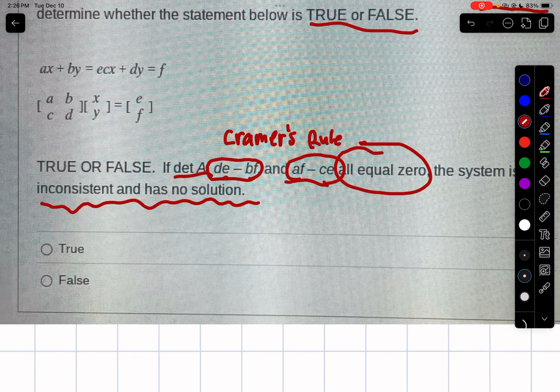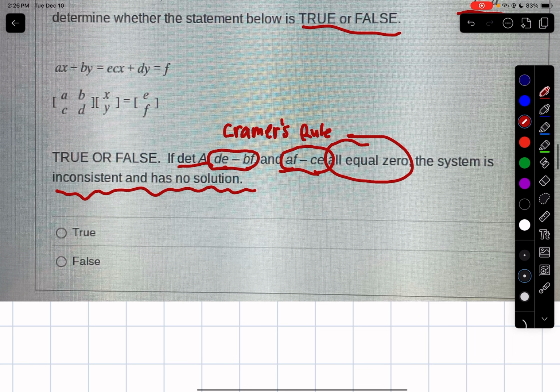So let's see. I know that Cramer's rule tells us that x will be equal to dx over d, and y will be equal to dy over d.